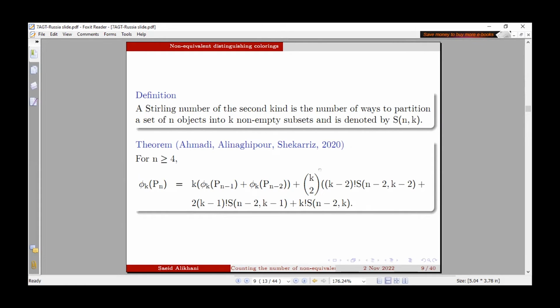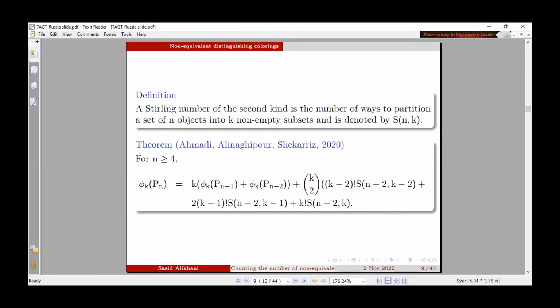We have some terms dependent on the Stirling number of the second kind, denoted by capital S, which counts the ways of partitioning a set of n objects into k non-empty subsets. So we need this Stirling number to obtain the number of distinguishing colorings of paths.